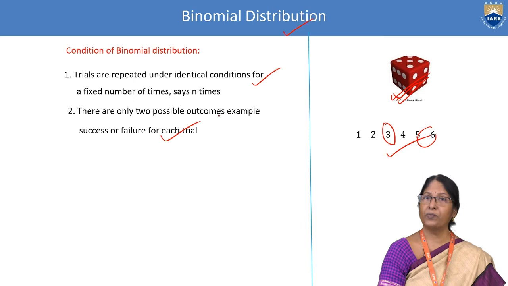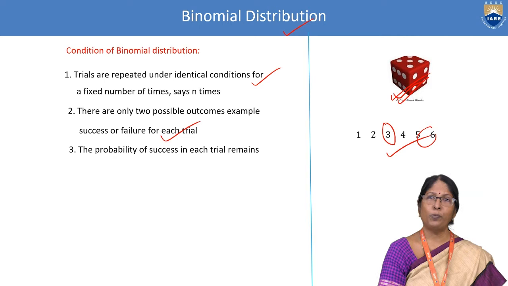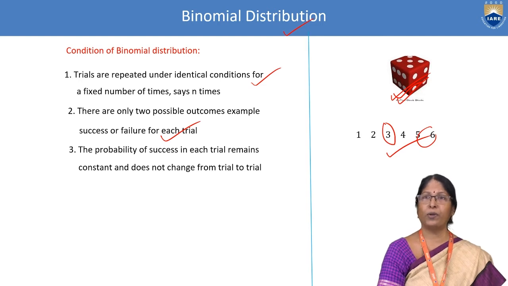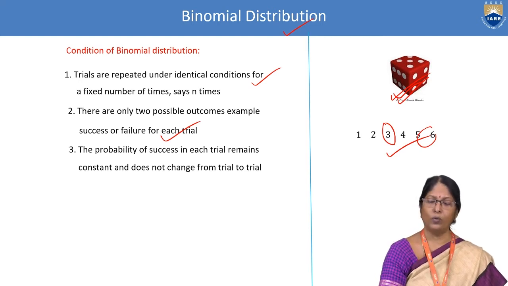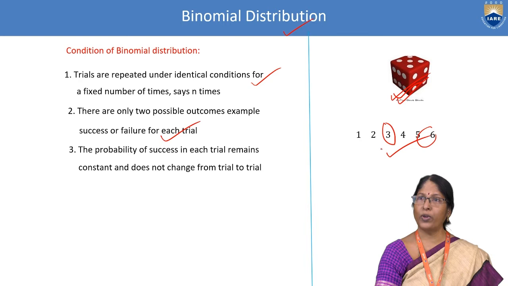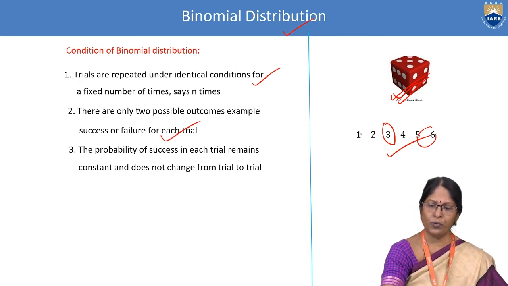Like that, answers will be coming if you adopt the binomial distribution while solving the problem. So it is given very clearly that there are only 2 possible outcomes, for example success or failure, for each trial. The third one is that the probability of success in each trial remains constant and does not change from trial to trial. First I'm throwing this die. I got 1.